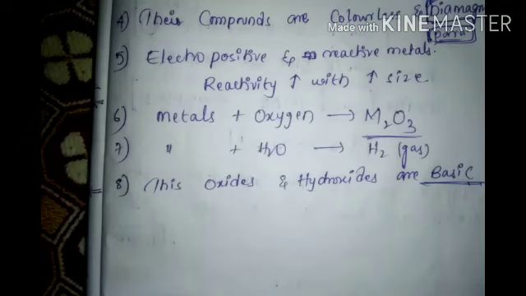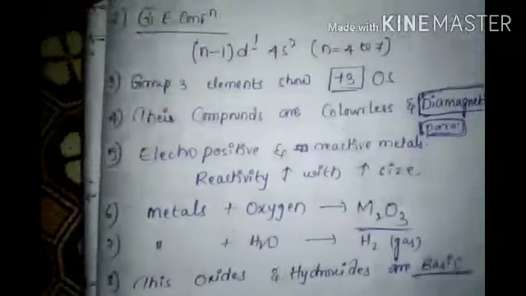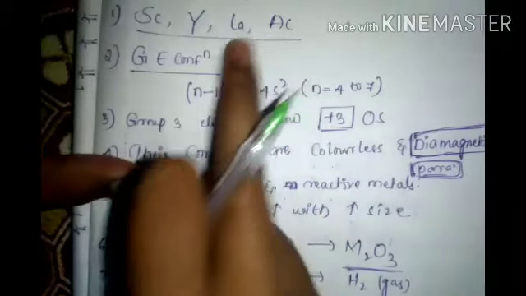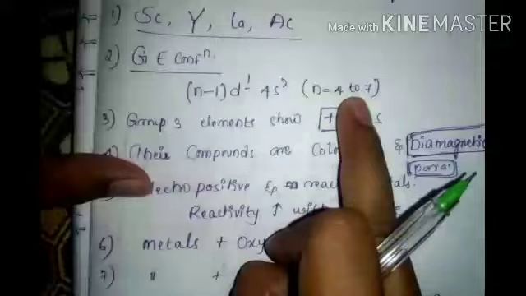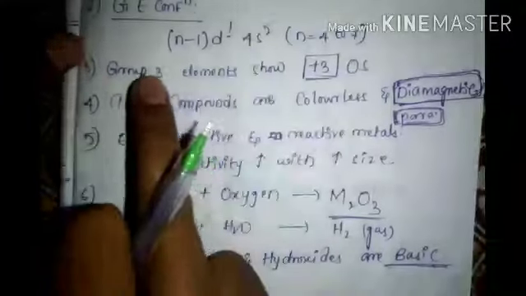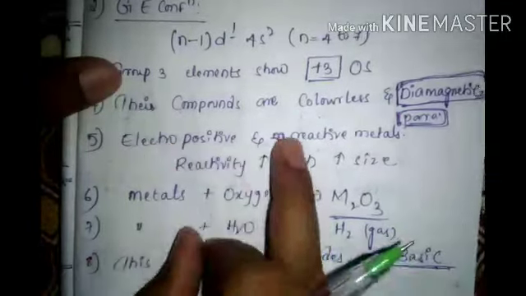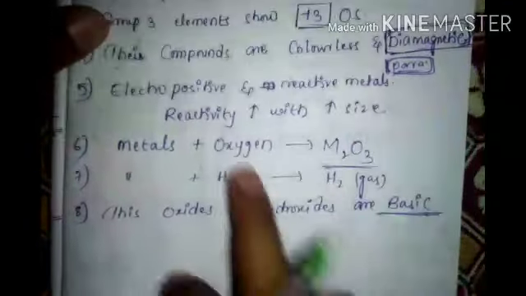Okay, now look here. These 8 points in the first group, we know whatever it is. Second, the general electron configuration also we know. Okay, not a problem. +3 oxidation state. Group 3 means +3 oxidation. Color and diamagnetic or paramagnetic we'll discuss later. That is electropositivity, more reactive.